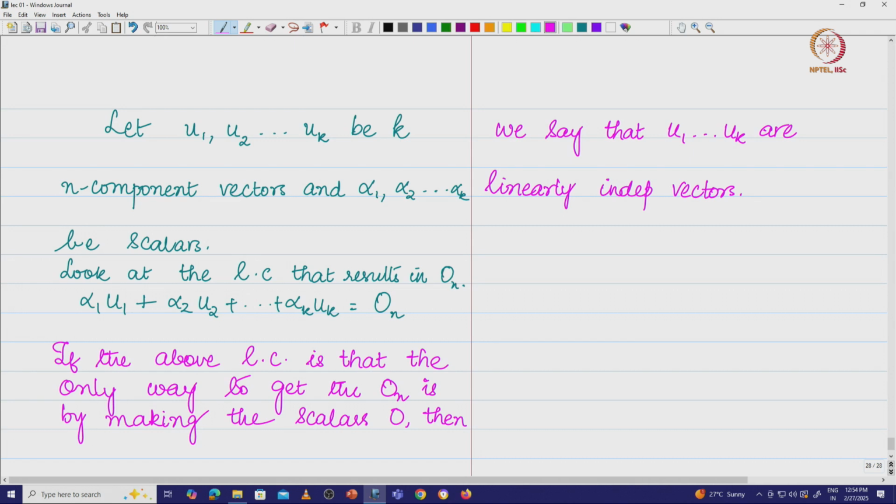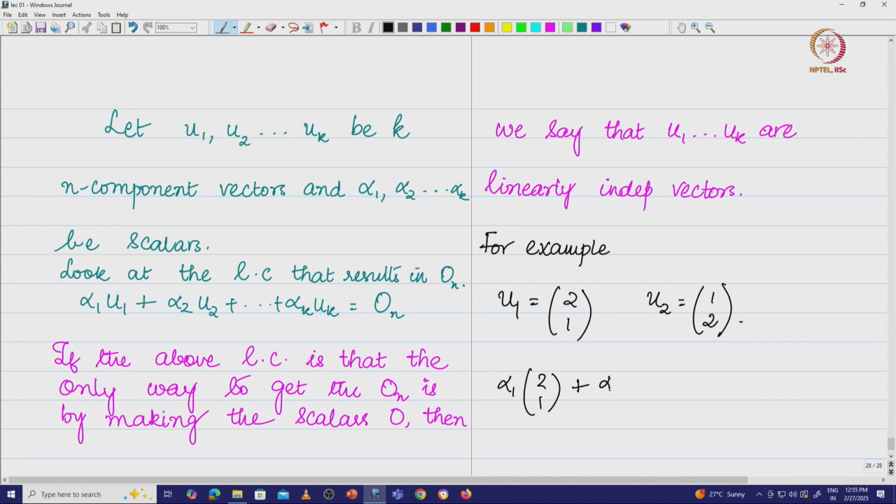For example, let us say u1 is equal to (2, 1) and u2 is equal to (1, 2). Then I want to look at alpha 1 into (2, 1) plus alpha 2 into (1, 2) is equal to (0, 0).